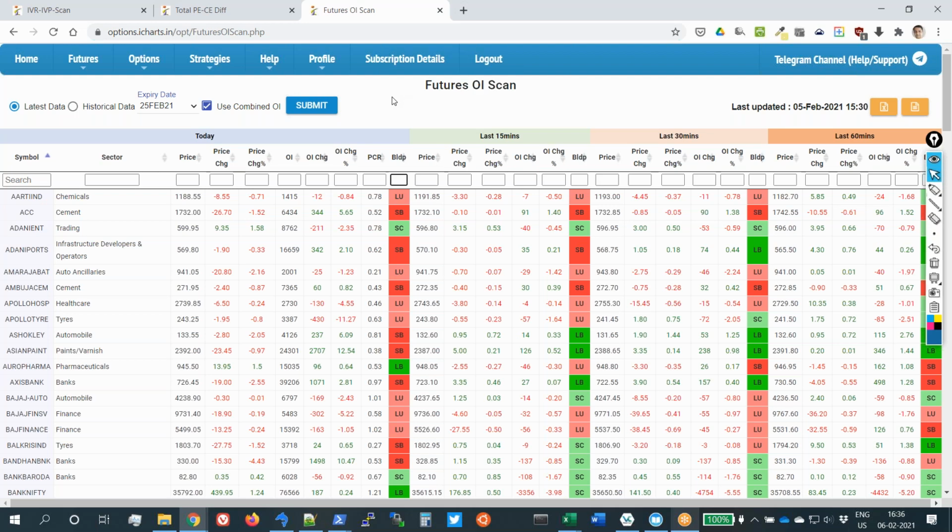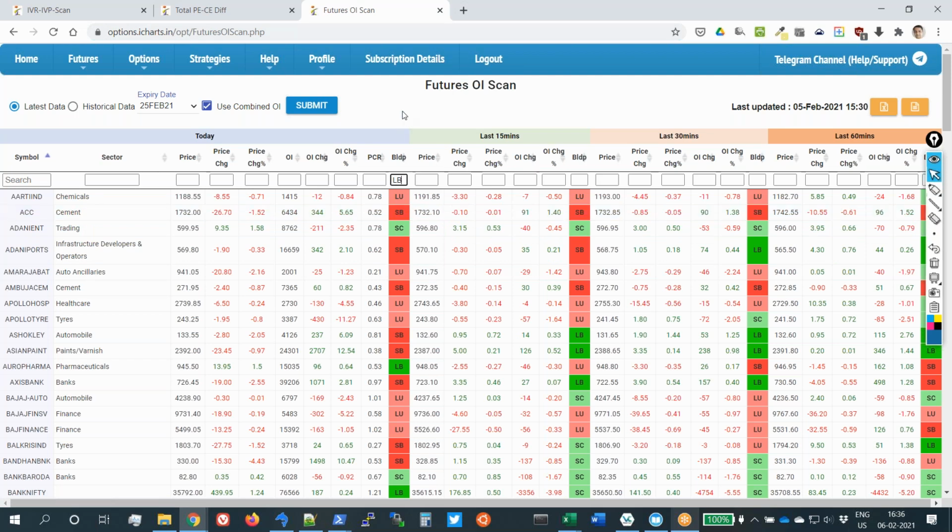So suppose you decide based on your trend identification, you have checked the option chain, you have checked your total C difference, and you have identified that the trend is positive for today.